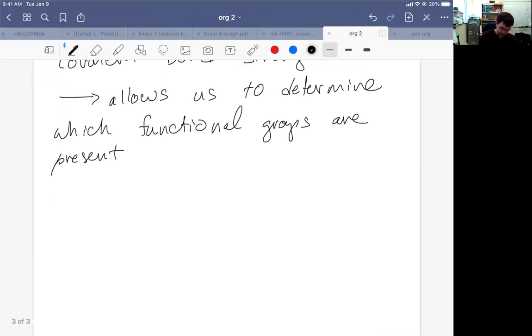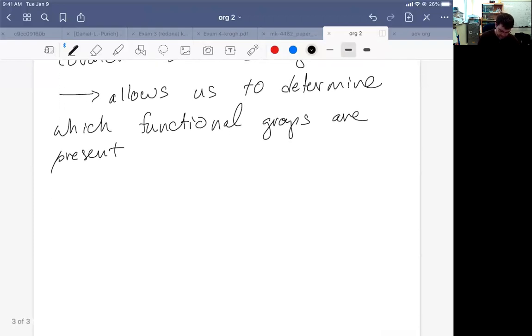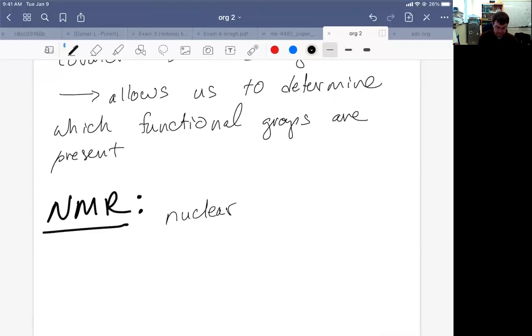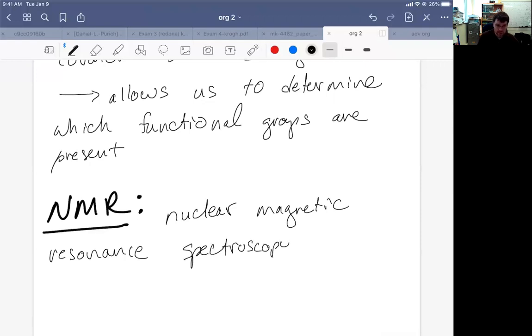Now, what we're going to focus on, particularly extensively in the first learning module of the course, is NMR. NMR is really the major topic. We would call this the NMR unit. This is nuclear magnetic resonance spectroscopy, and that's the abbreviation.